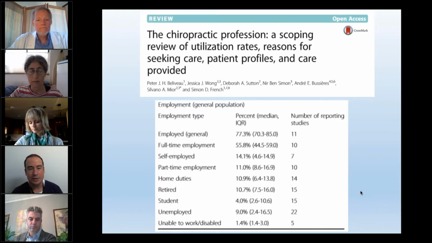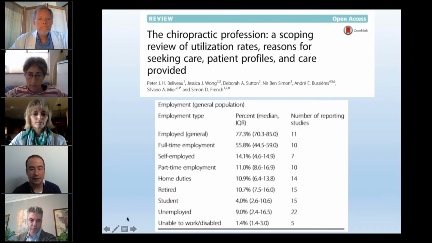So this is just a snippet from the literature on who chiropractors are seeing, in particular in the province of Ontario, but we can extrapolate it in general. And these academic partnerships with more diverse sites provide a very diverse avenue for training for our students.